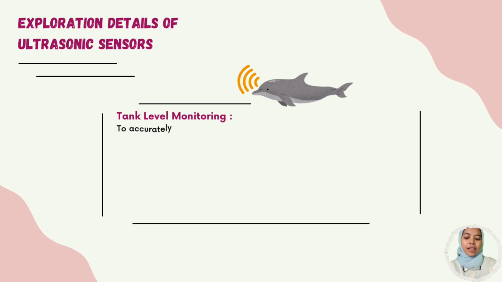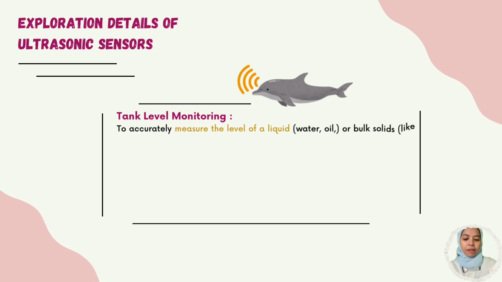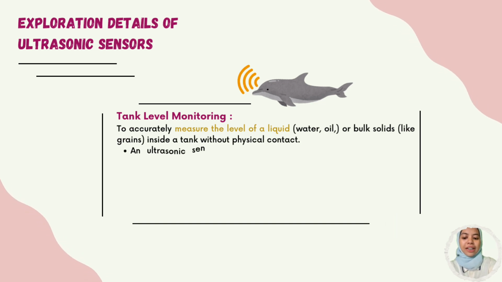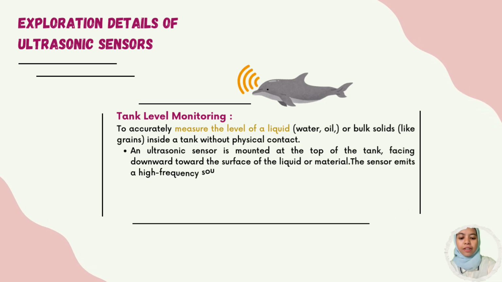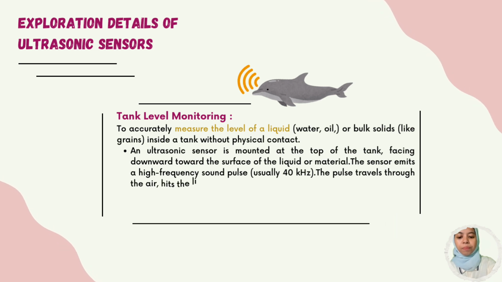Next, it is tank level monitoring. To accurately measure the level of a liquid, water or oil, or bulk solid inside a tank without physical contact, an ultrasonic sensor is mounted at the top of the tank, facing downward toward the surface of the liquid or material.